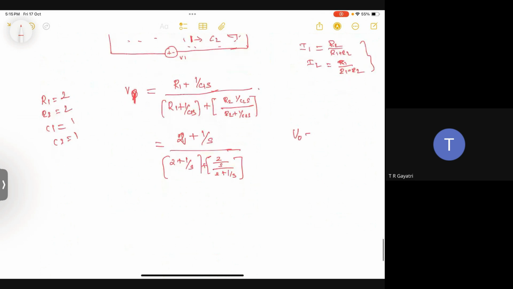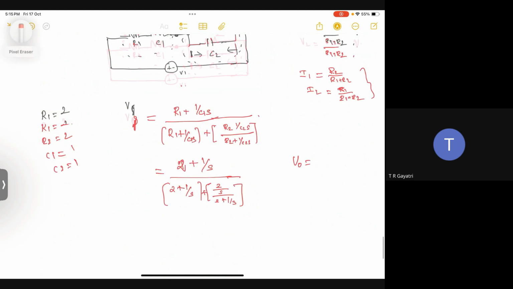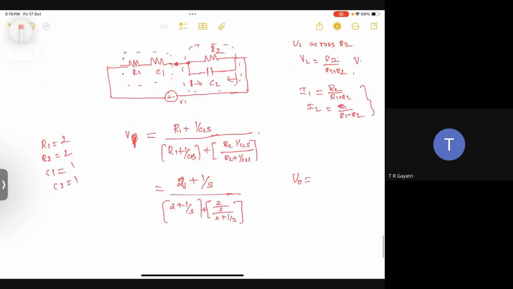So if I want to write it in terms of V naught, the same if I consider, it will be R2 by R2. It's in parallel combination.